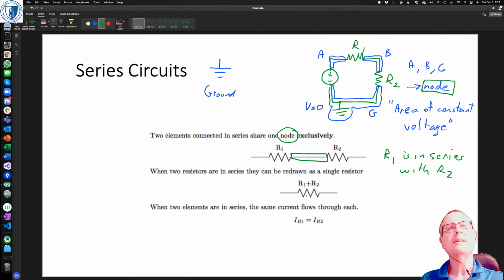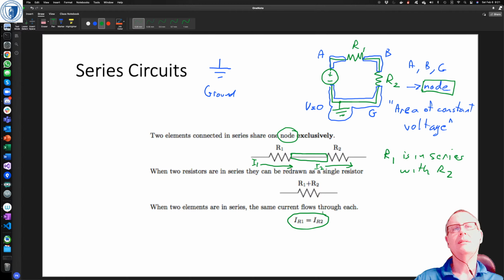And the defining thing about elements being in series is that the same current flows through both of them, right? If we have I1 flowing through R1 and I2 flowing through R2, if R1 and R2 are in series, then we have to have that the currents are equal.